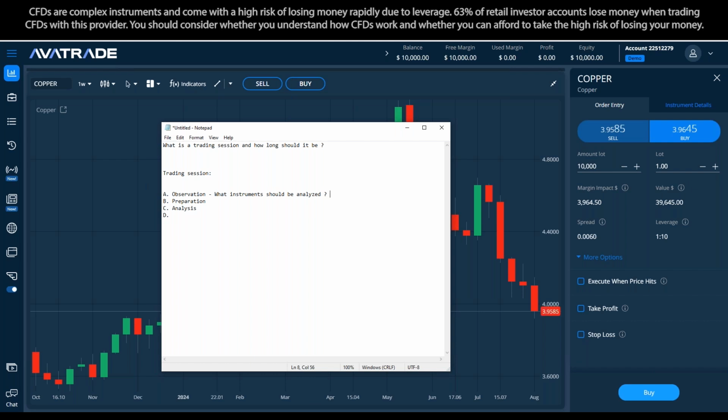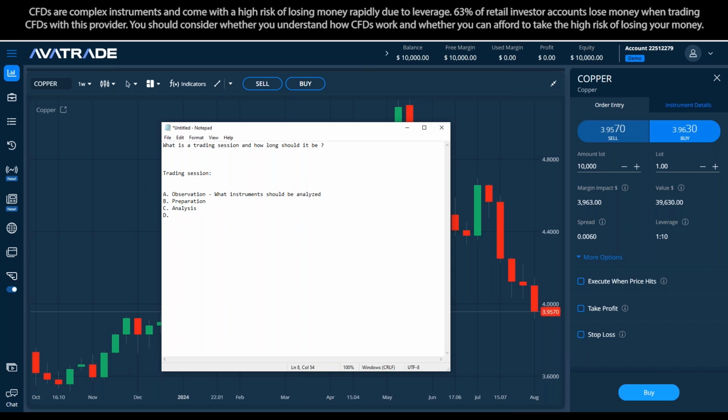Guys, it's impossible that I'll open my computer and every time I want to trade, I'm going to go through 200 instruments or 500 instruments. Who's going to do that? And why would I do that? There's no point. So observation, what instruments should be analyzed?